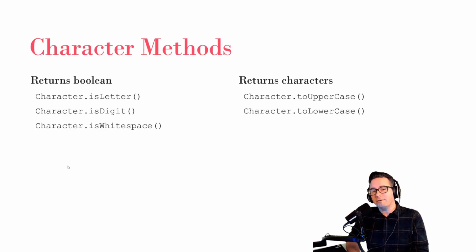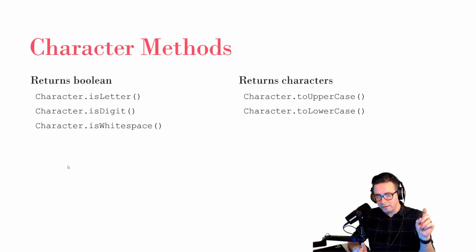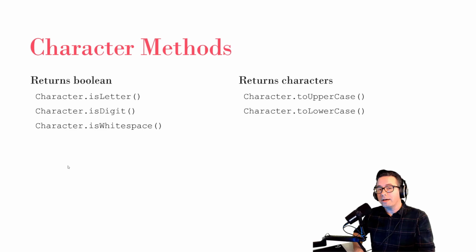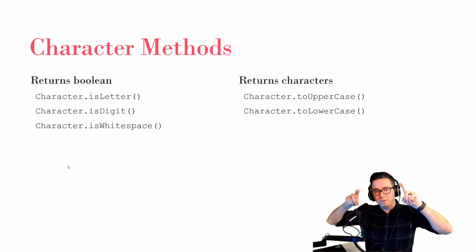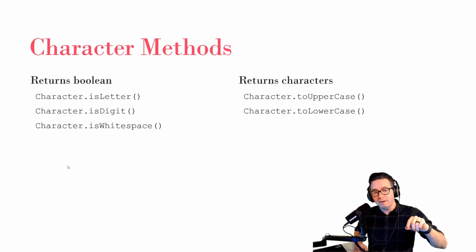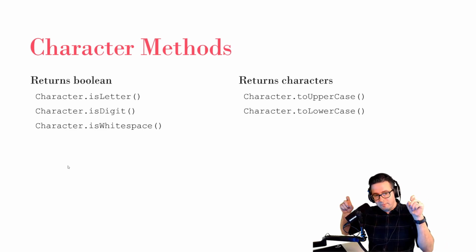All right, so anyways, we have character methods. So we have string methods, but we also have character methods. And the way that these work is that you use the Character class. You don't use the variable. What you do is you put that character value inside the parentheses. So if I have the single quote A and I put that in the isLetter method, it would return true. If I did Character isDigit of the single quote A, it'd be false.